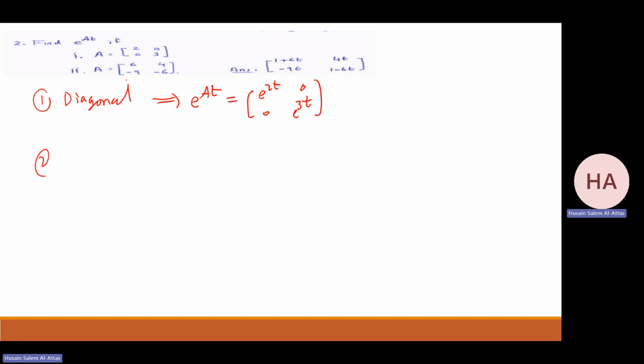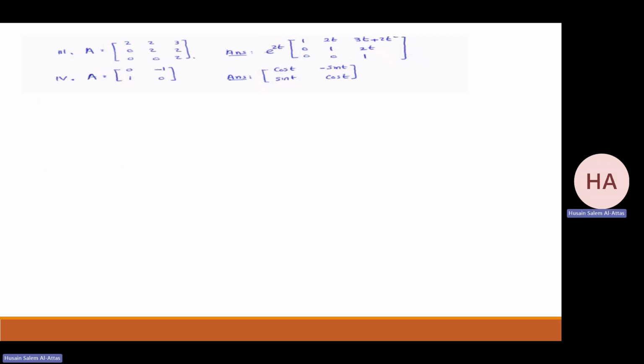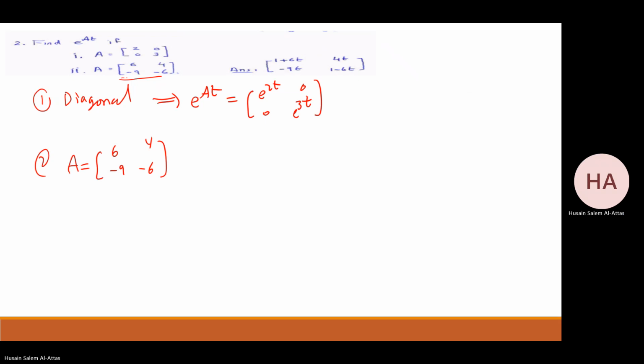Two. This should be nilpotent, so I'll find A squared. 6, 4, minus 9, minus 6. Is it? I don't think it's nilpotent.